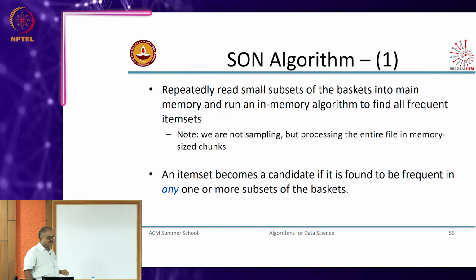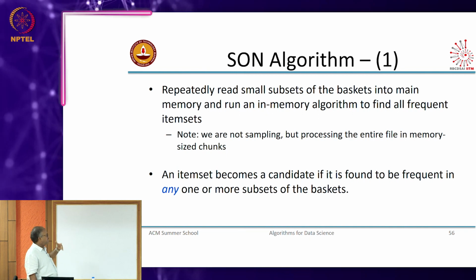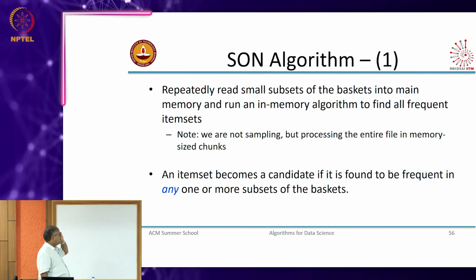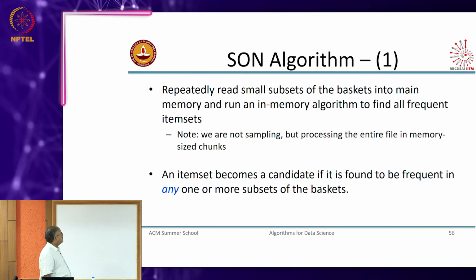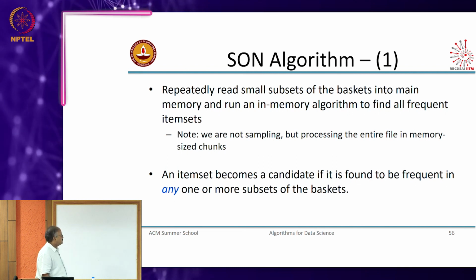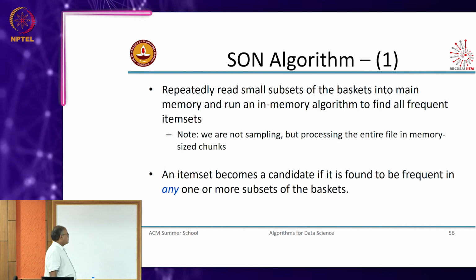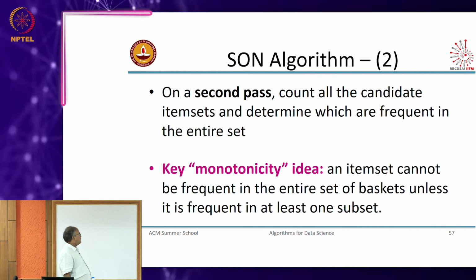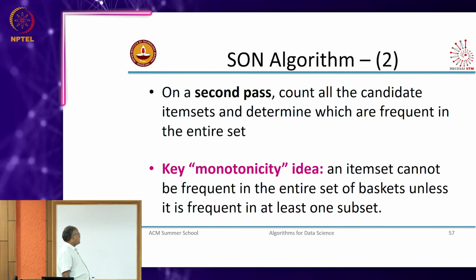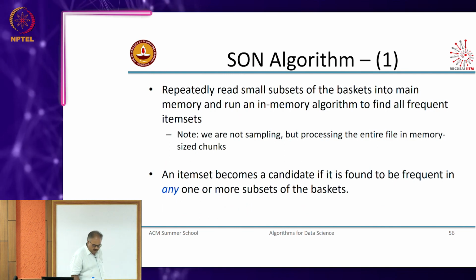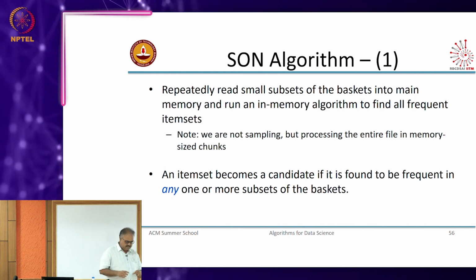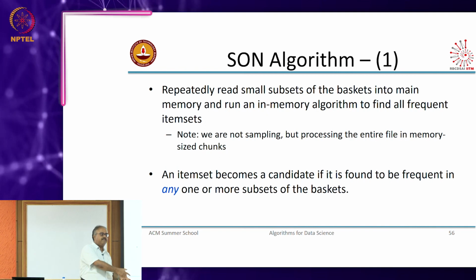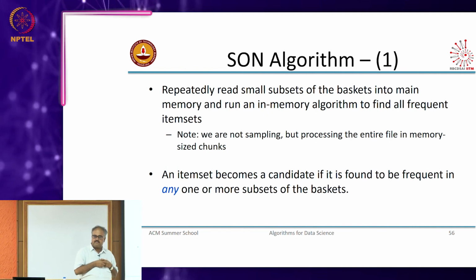The SON algorithm basically tries to do this slightly better. What the SON algorithm does is take the randomness out of the random sampling idea that we talked about.